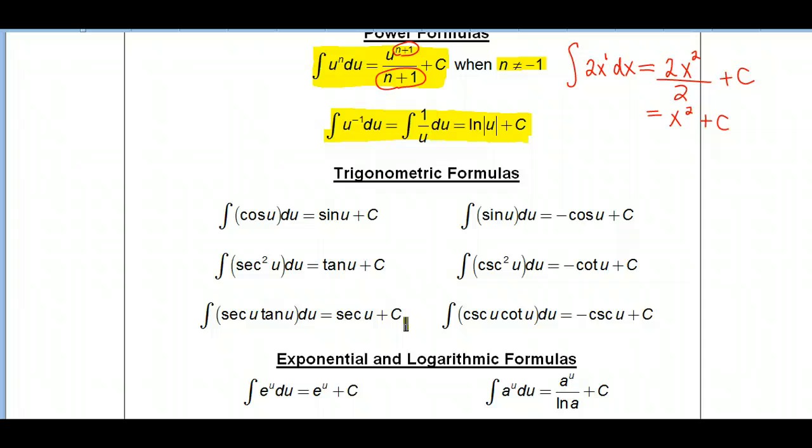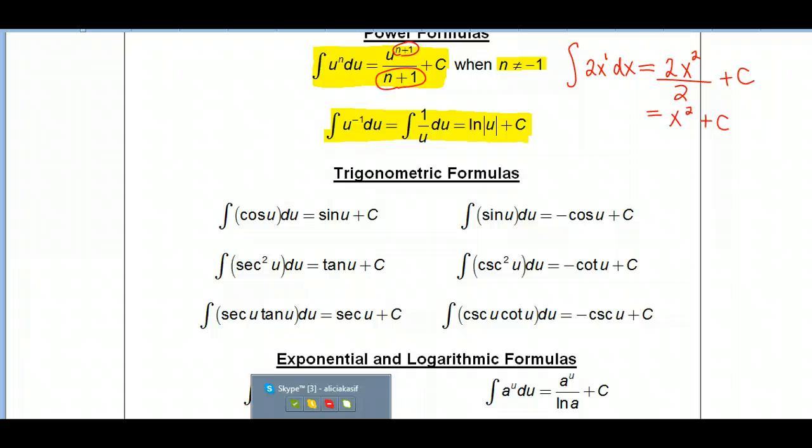Okay, so these are just working backwards. The next ones, if you can remember the derivative, hopefully you can figure out the antiderivative. For example, what's the derivative for sine? It's cosine. So the antiderivative for cosine is sine. What's the derivative for tangent? It's secant squared. So the antiderivative for secant squared is tangent.